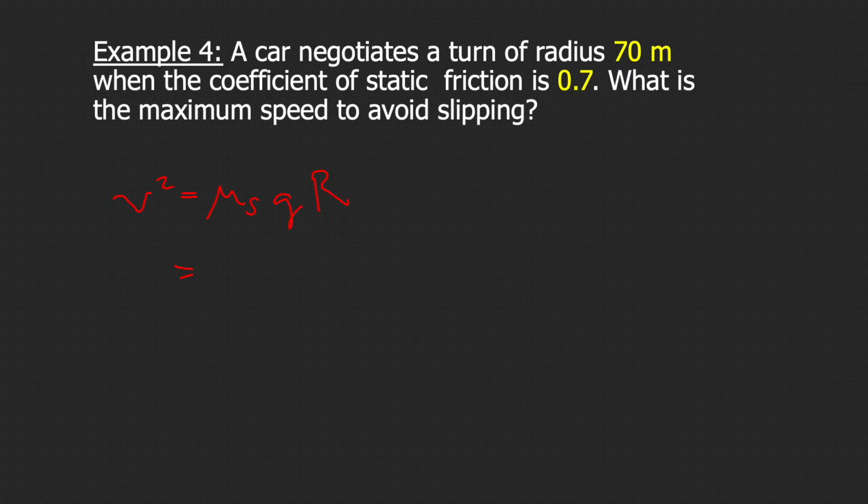Okay, so we have 0.7 multiplied with 9.8 meters per second squared, and then we have r, which is 70 meters. Okay, and then of course we have v here, and we have a square here, and to eliminate that square we have to put a square root here.